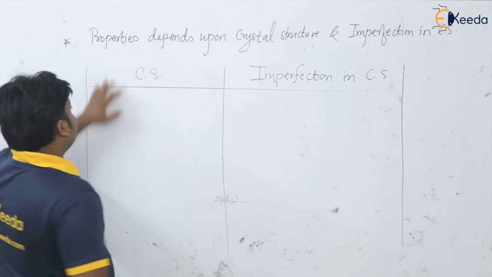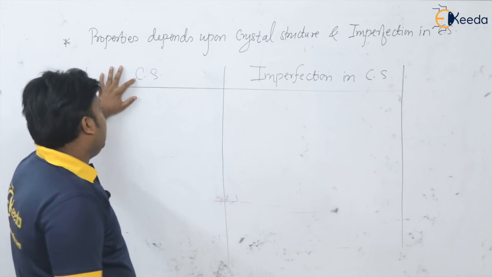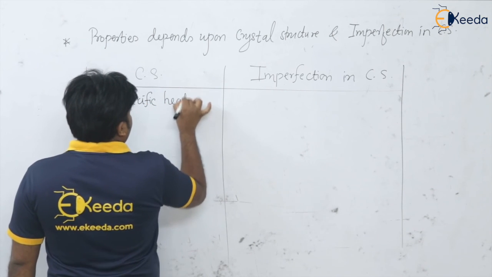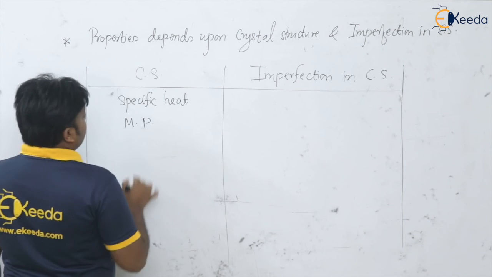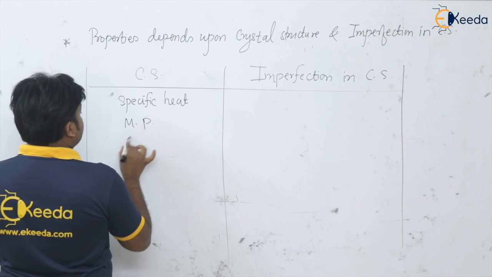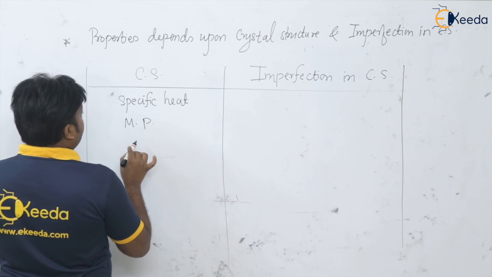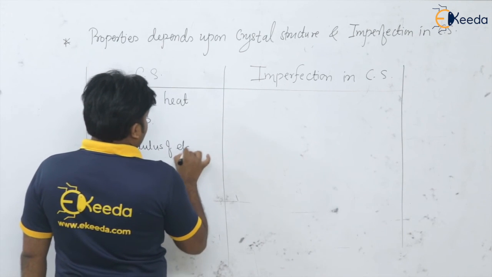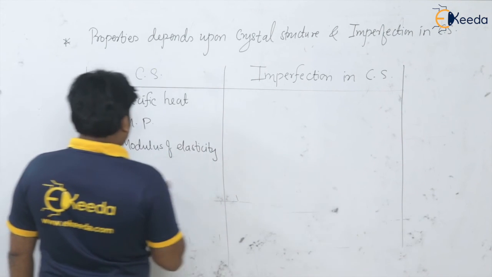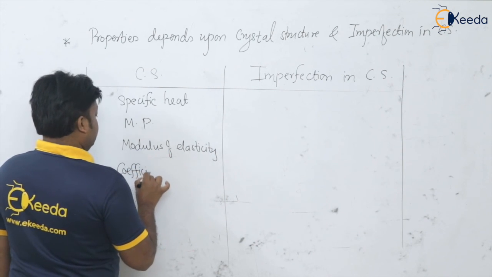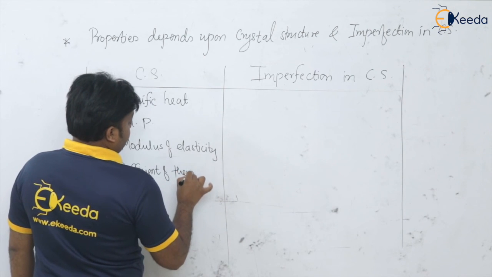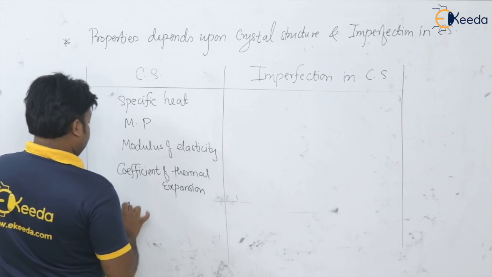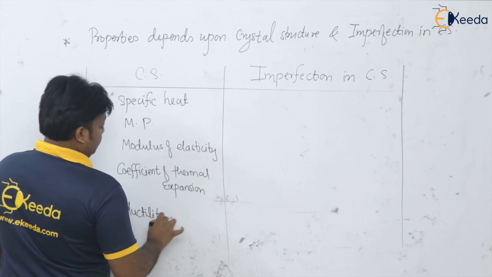Okay, so the properties which really depend upon the crystal structure are specific heat, then melting point of the material, modulus of elasticity, coefficient of thermal expansion, then ductility and hardness.